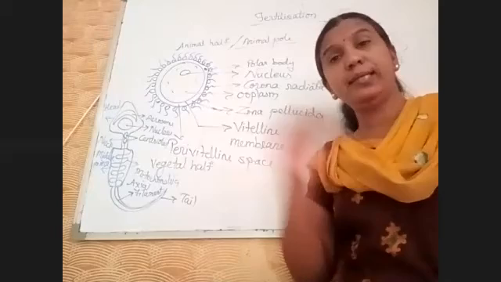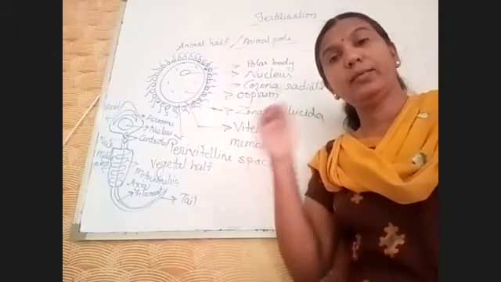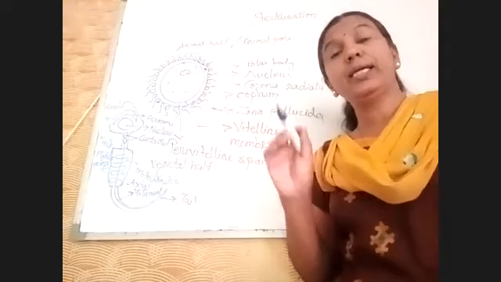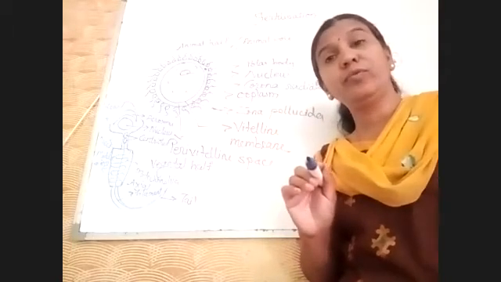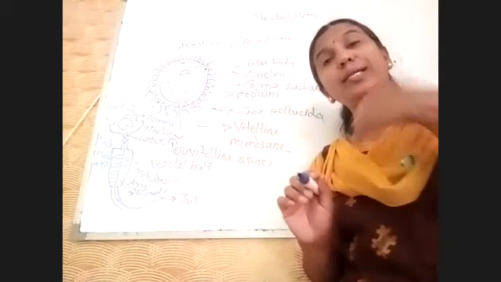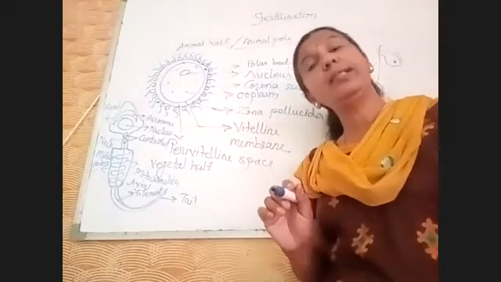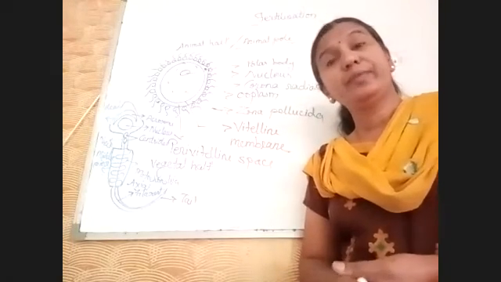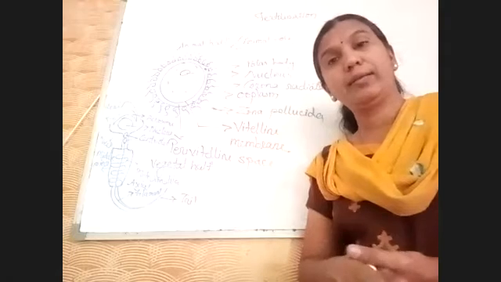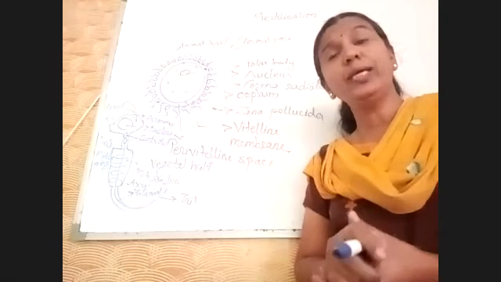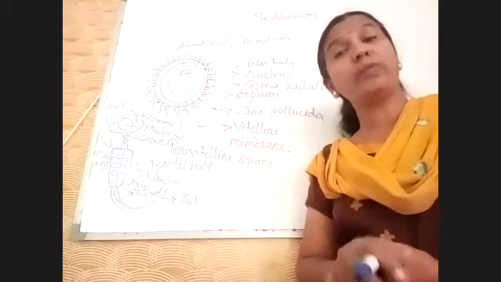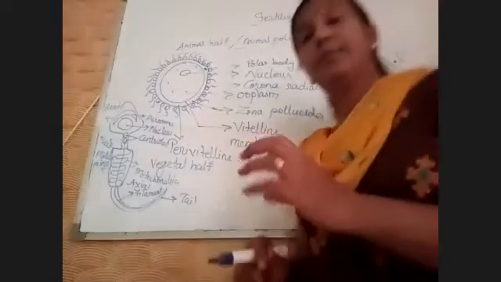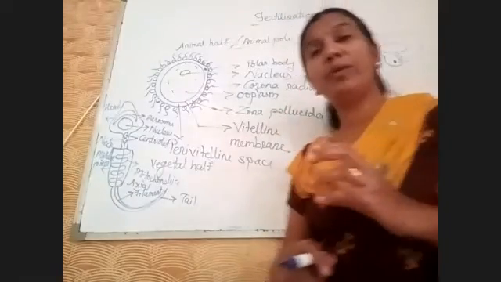Alternately, suppose in one month the ovum formation takes place in the left ovary, then in the next month it will be in the other ovary. So from the two ovaries, only one ovum will be released on the 14th day of the menstrual cycle. This is the female gamete, the ovum.